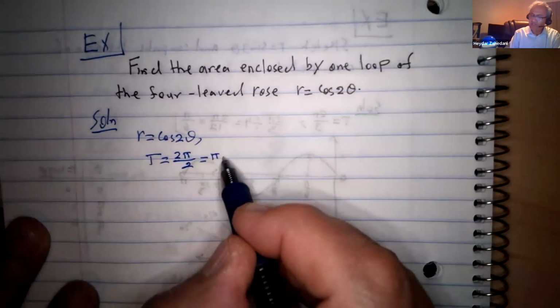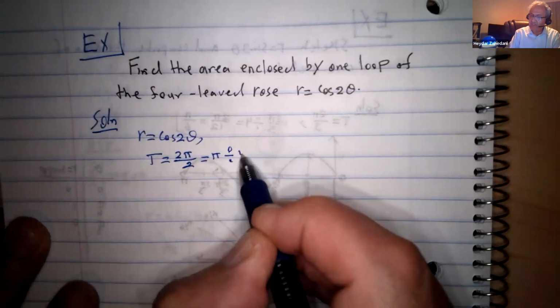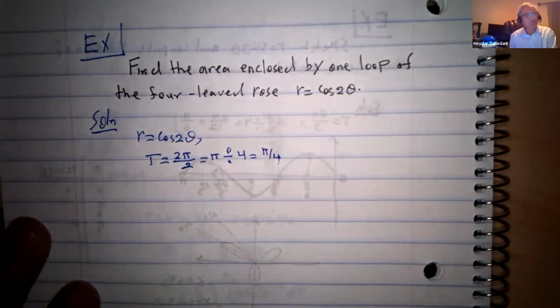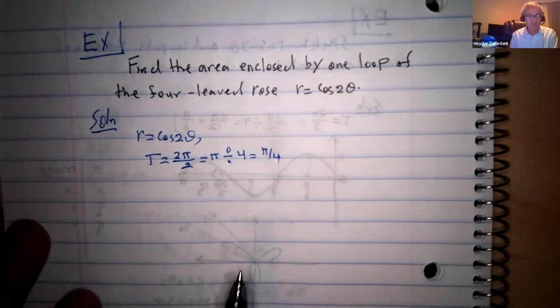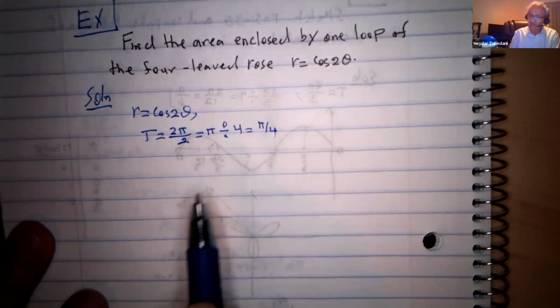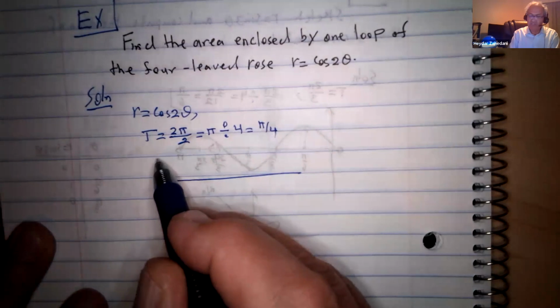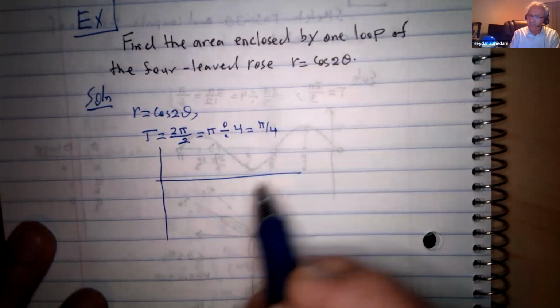In trigonometric functions, we divide it by 4, so that gives pi over 4. So pi over 4, pi over 4, pi over 4, this is what would happen when we graph it as a trigonometric function in xy coordinates.